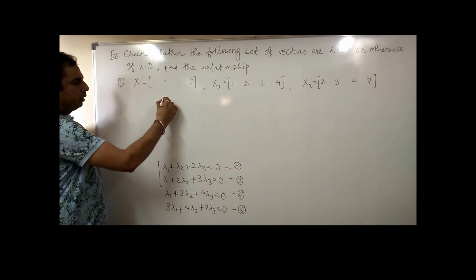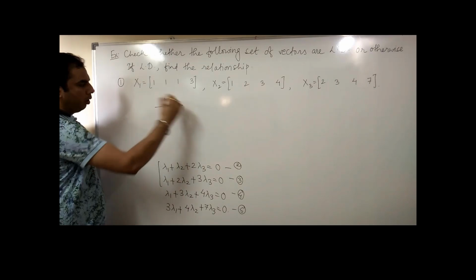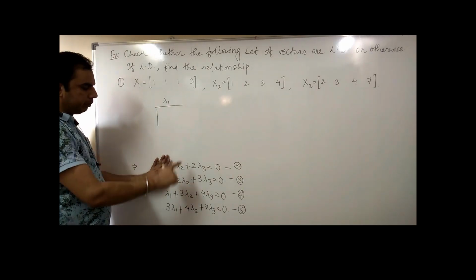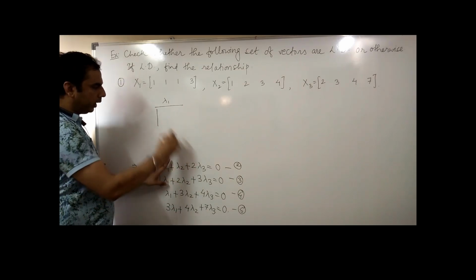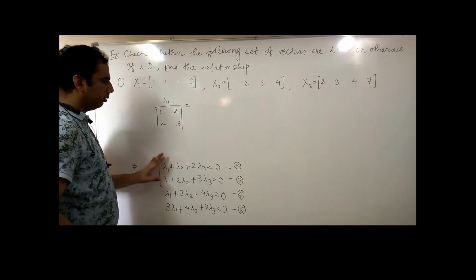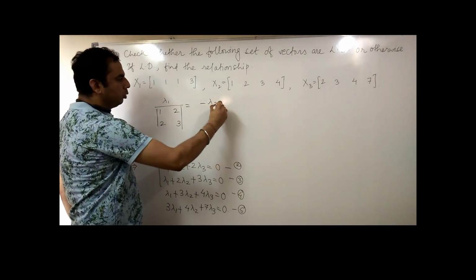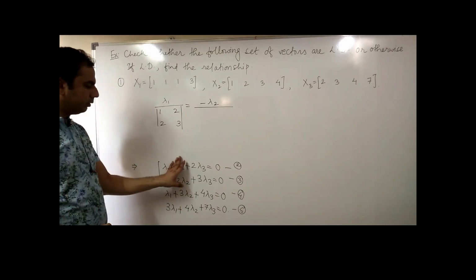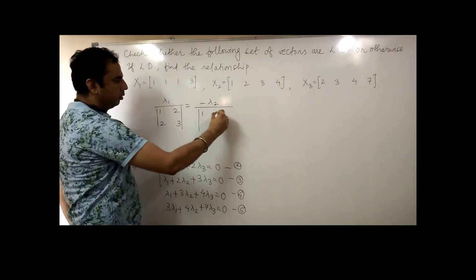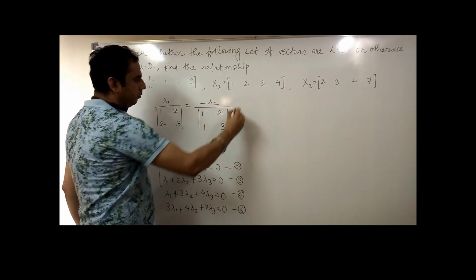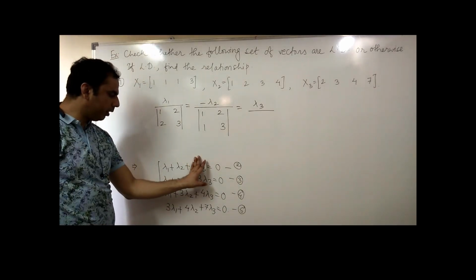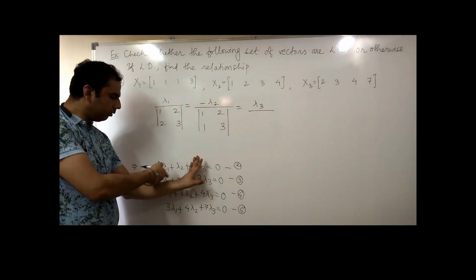So we will have lambda 1 upon, hide the values of lambda 1, and you will be getting the determinant of 1, 2, 2, 3. Then this is equal to minus lambda 2 upon, again hide these values, 1, 2, 1, 3. And then lambda 3 upon, hide the value of lambda 3, then it is 1, 1, 1, 2.